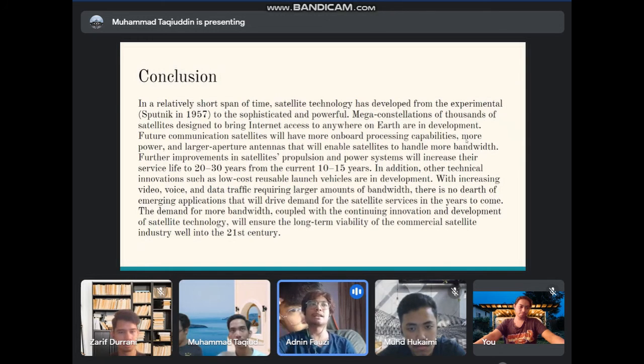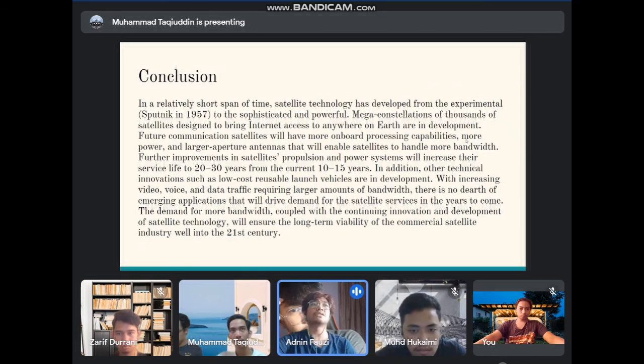Future communication satellites will have more onboard processing capabilities, more power, and larger aperture antennas that will enable satellites to handle more bandwidth. Further improvement in satellite propulsion and power systems will increase their service life to 20 to 30 years from the current 10 to 15 years.